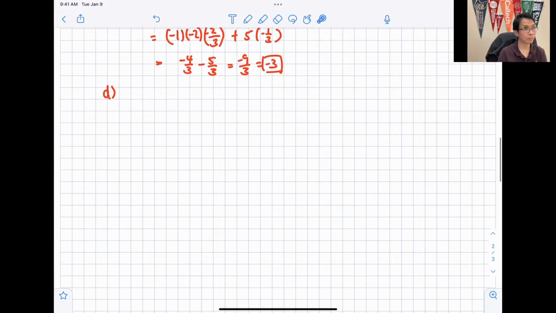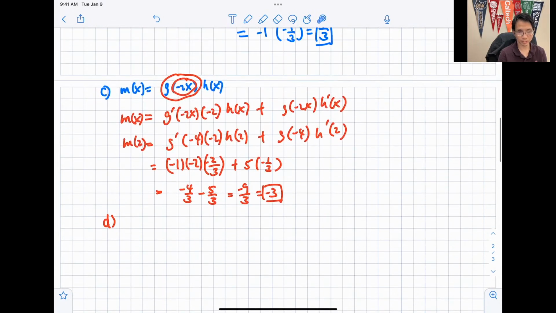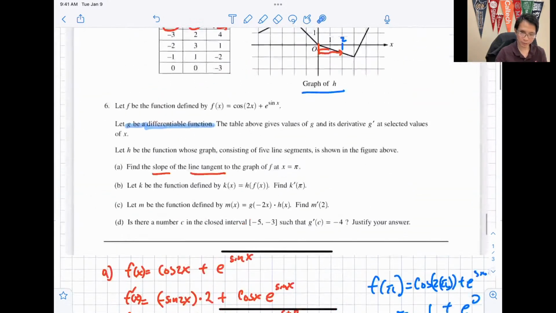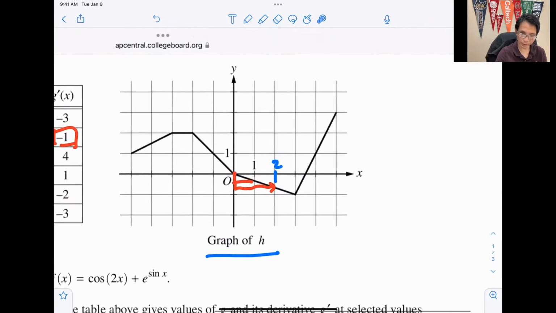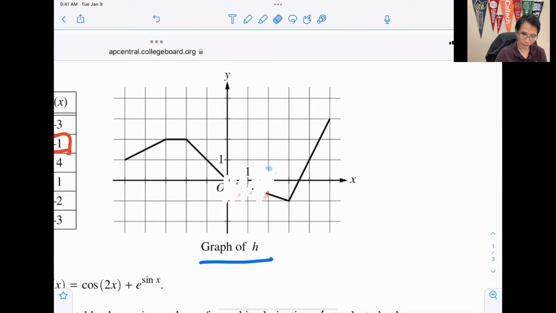D. Can you explain how you got h of 2 and h prime of 2 again? H of 2, you think about it, is 1/3, right? That means it's going to go down. It's going to move 1 here, but here it's going to be 1/3. And it's going to go down again, 1/3.